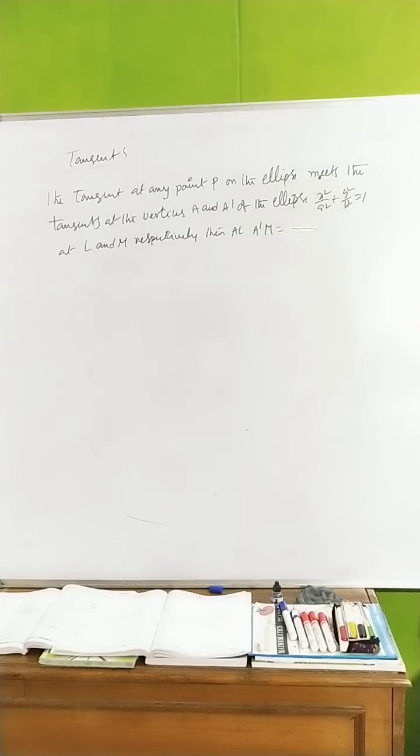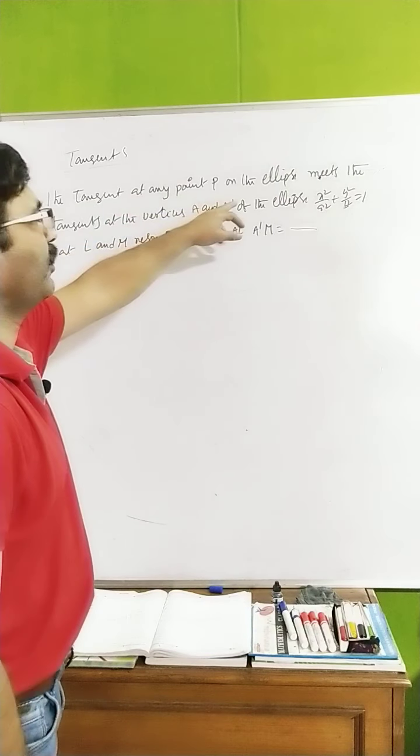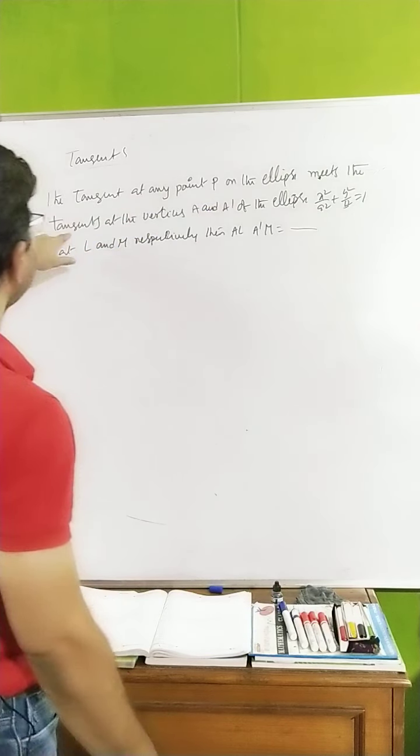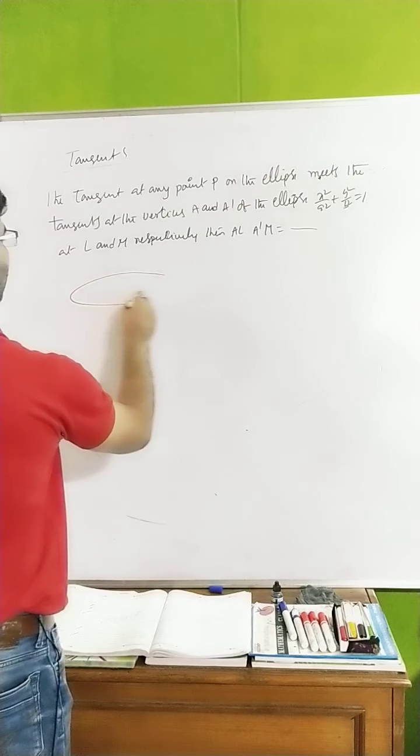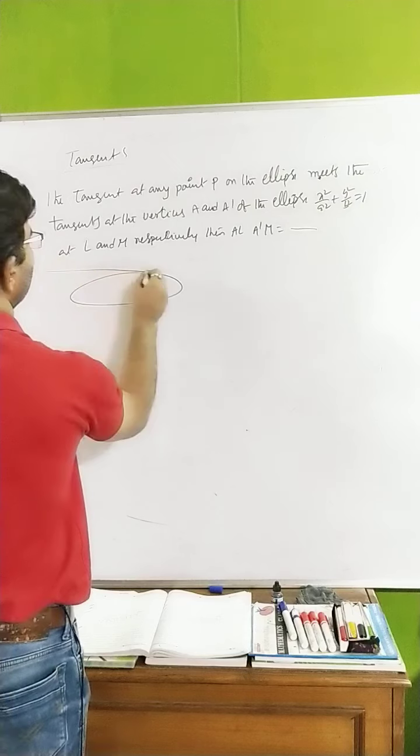You see here, the tangent at any point P on the ellipse meets the tangents at the vertices A and A dash of the ellipse. Here you take a tangent.